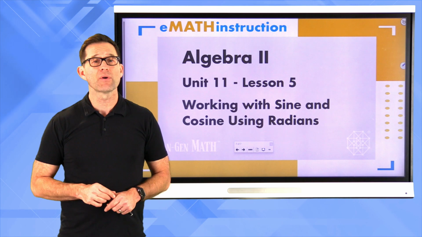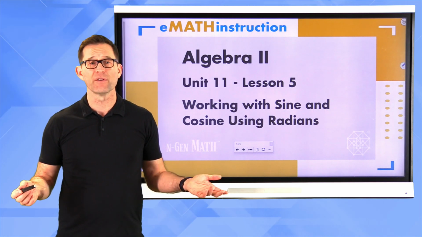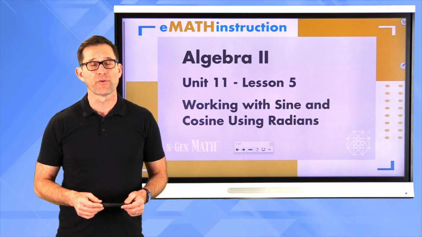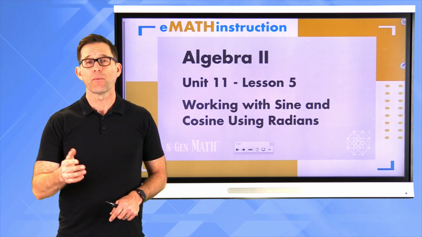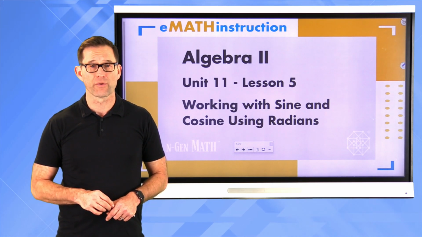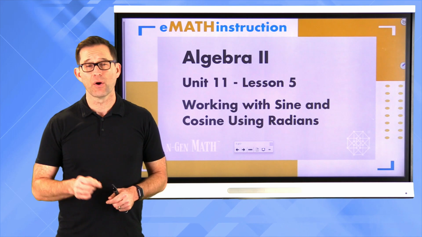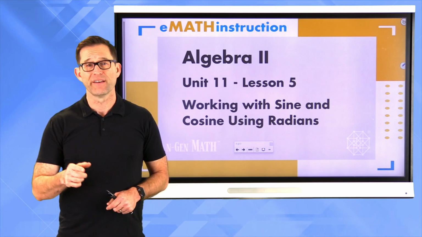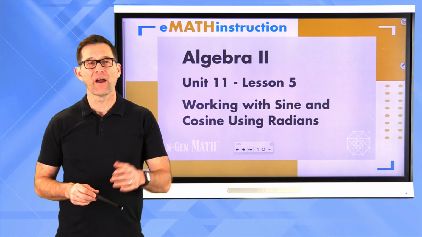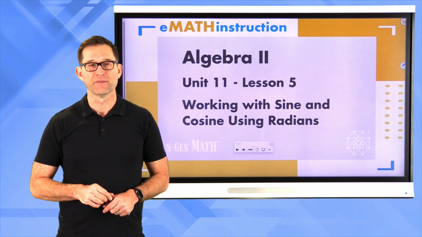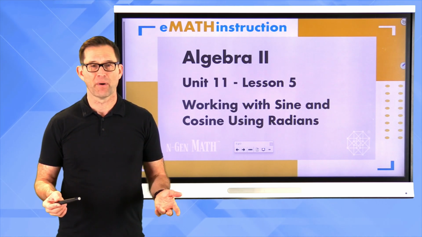But if you need to, you can convert 5 pi over 3 into degrees. By the way, 5 pi over 3 is 300 degrees, and that would clearly put you in the fourth quadrant, where the cosine is positive and the sine is negative, and then based on pi over 3, you could come up with the values for sine and cosine of 5 pi over 3.